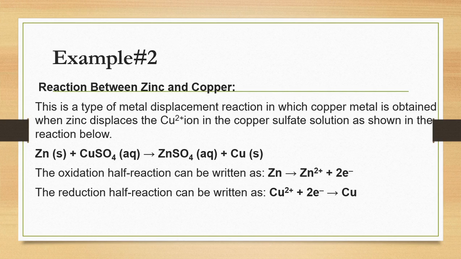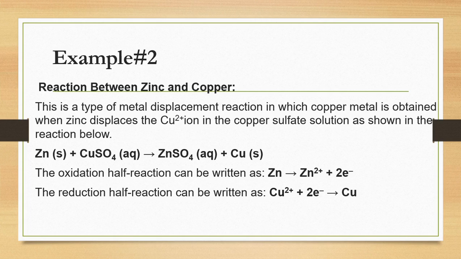Okay, next example. Reaction between zinc and copper. This is a type of metal displacement reaction in which copper metal is obtained when zinc displaces the Cu2+ ion in the copper sulfate solution, as shown in the reaction below.